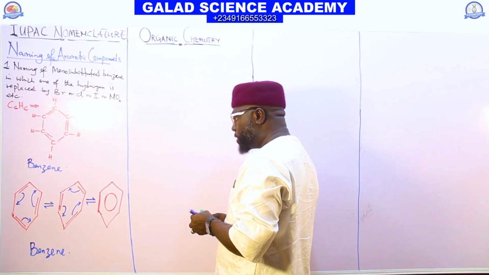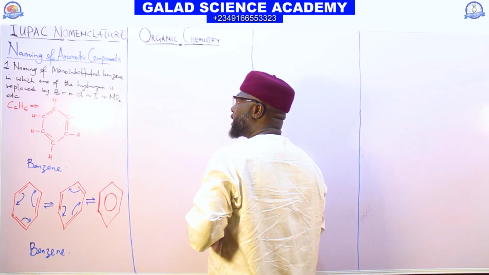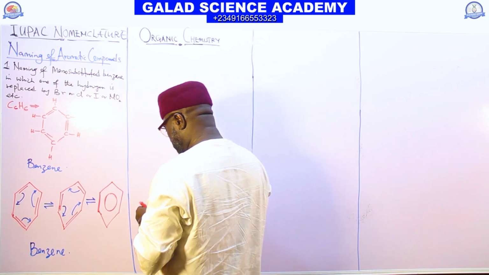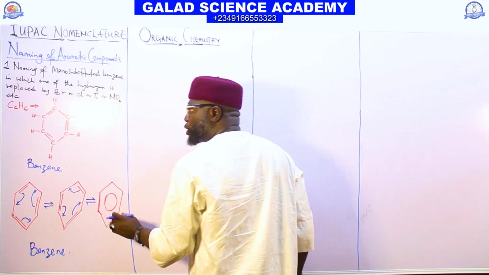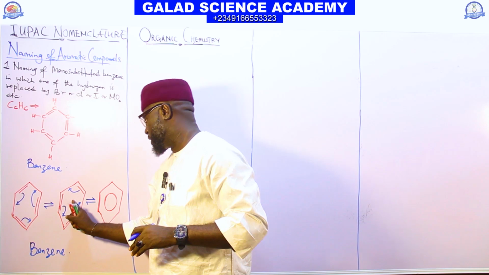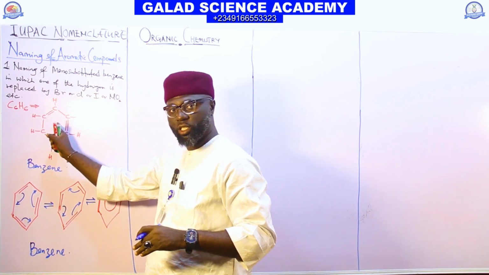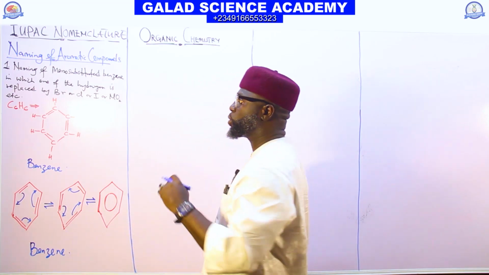Let me say we have benzene. From today now, please, I can use this structure, I can use this, I can use this. They are equivalent. But for the convenience sake, I will use one of these three.